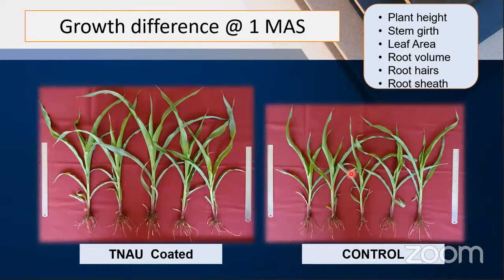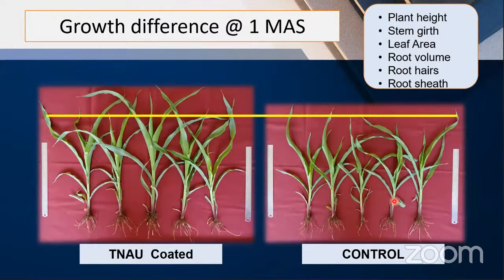This is control and this is coated. You have to see the plant height, stem girth, leaf area, root volume, root hairs, and then root sheath. What does root sheath mean? When you pull a plant from the soil, the volume of soil that adheres to the root is called root sheath. So here when you pull, it comes with a big volume of sand when compared to the control.